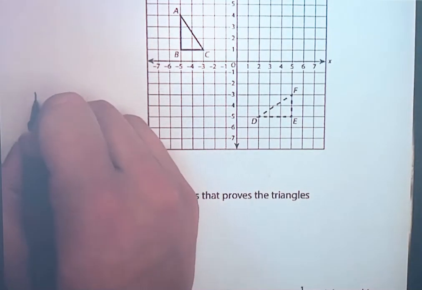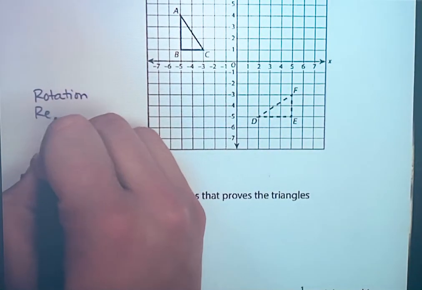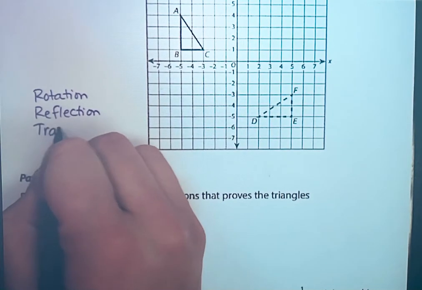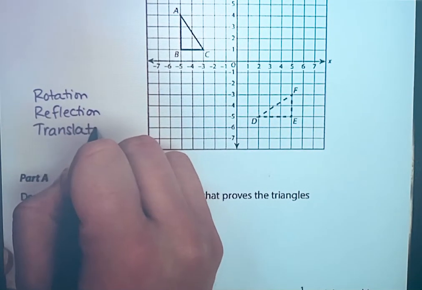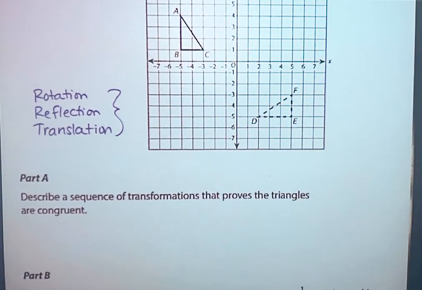You have a rotation, reflection, or a translation. All 3 of these things will remain congruent. If you dilate something, it's going to stay the same shape, but it's going to get bigger or smaller, so dilations is out. You absolutely do not want to mention dilations in this problem because it is saying congruent.